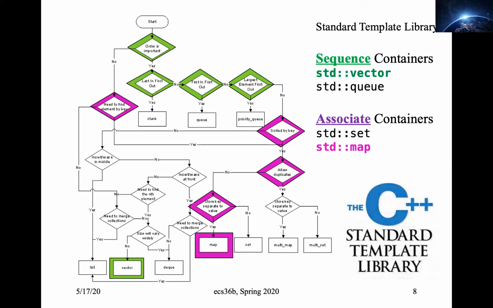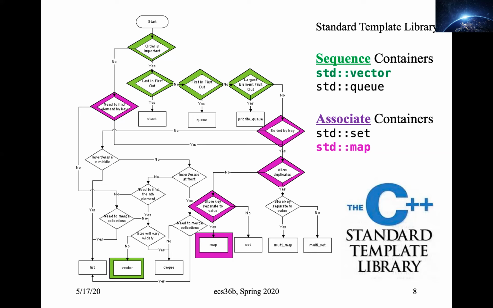Okay, so I'm just showing you what's available as a standard template and the logical process recommended by some people in the community to decide what you want to do.